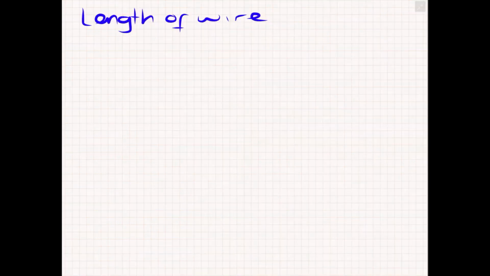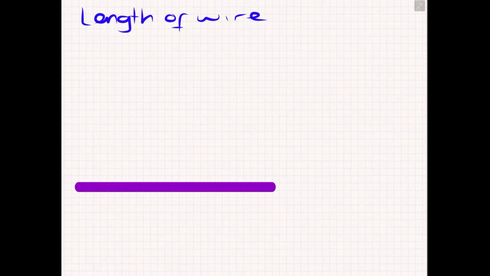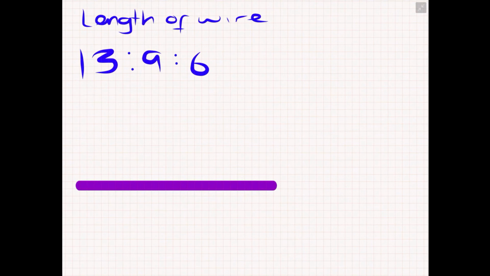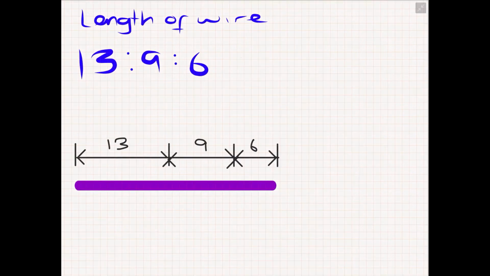Let's take a length of wire that is divided in the ratio of 13 to 9 to 6. Now these values or terms add up to the total sum of the parts. 13 plus 9 plus 6, the total length of the wire will consist of 28 equal parts.